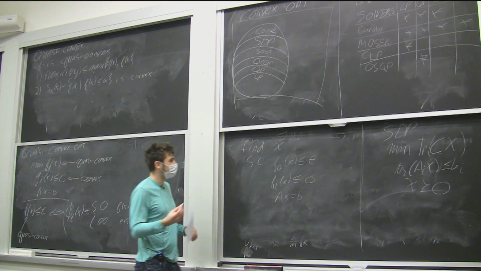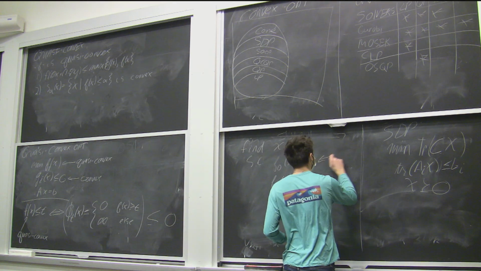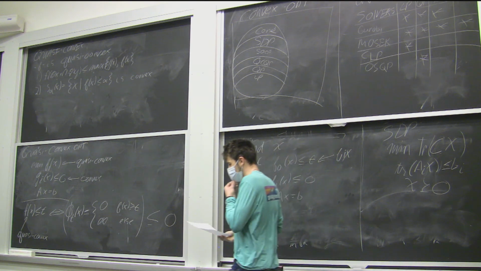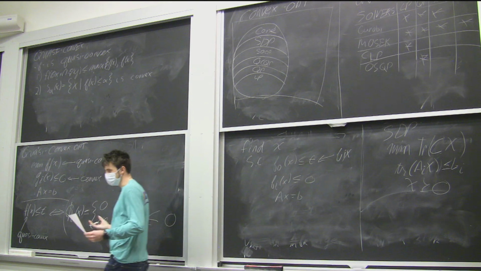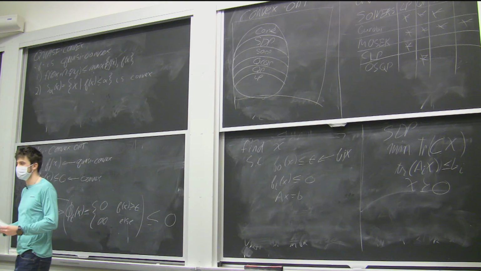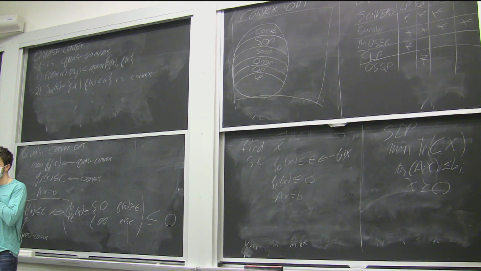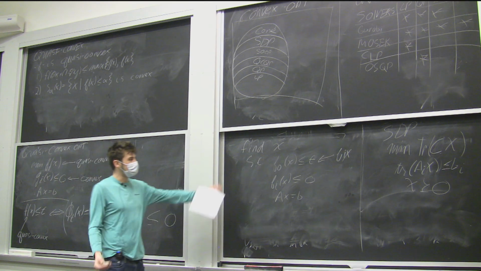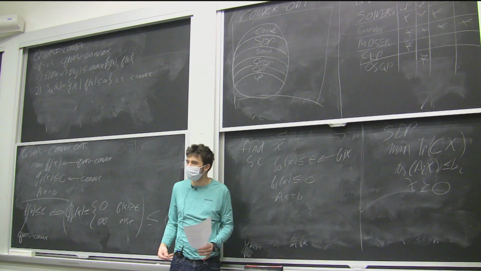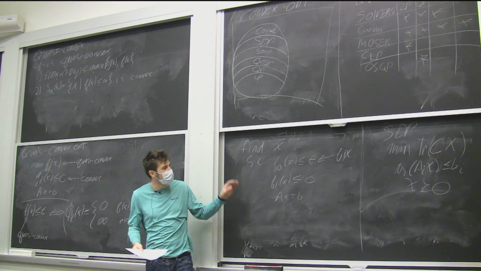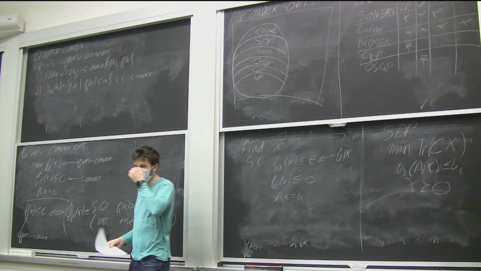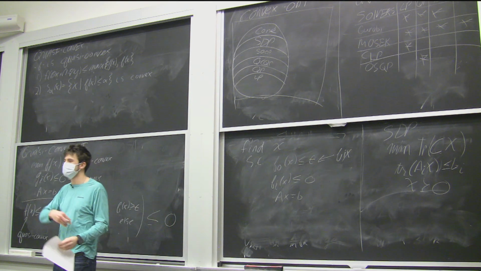If I fix the parameter t, I can now solve a convex feasibility problem, right? So this is a convex optimization problem. And what I can do is look over t and try to make this t as small as I possibly can.